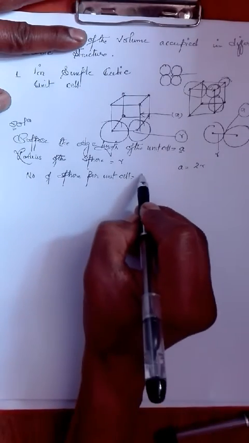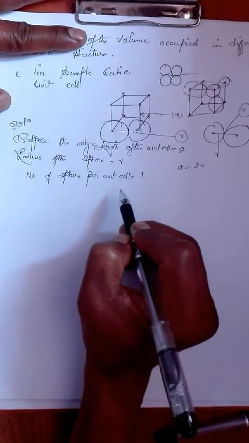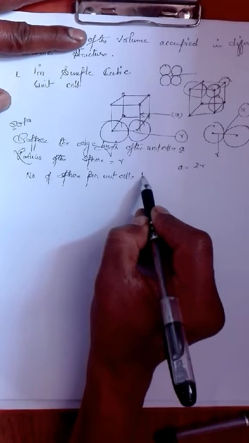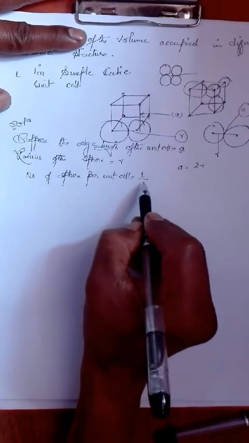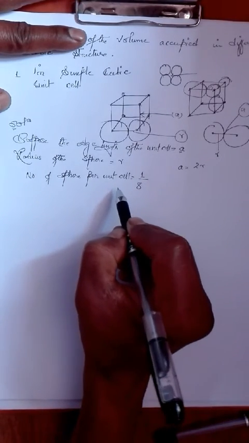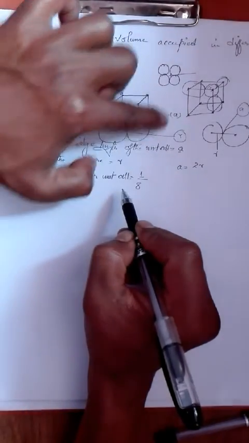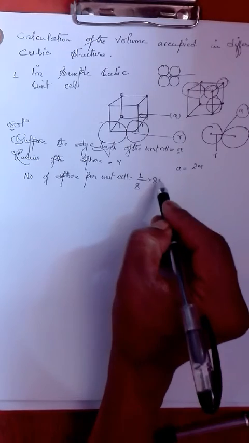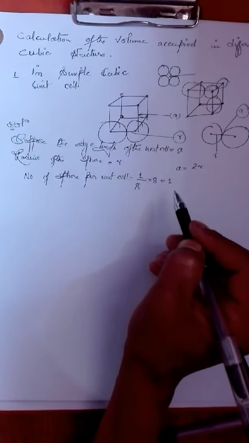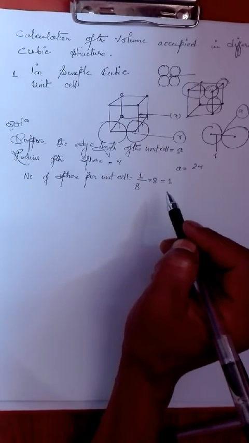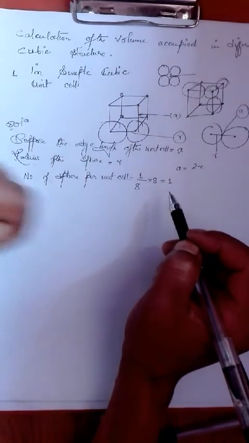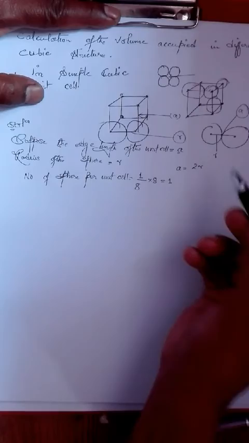In a simple cubic, the constituent particle present at the corner is shared by 8 unit cells. And as you've seen here, there are 8 corner atoms. I'll multiply by 8 corners, and as a result, 1. So here, the number of spheres or constituent particles that belong to only one simple cubic is equal to 1.